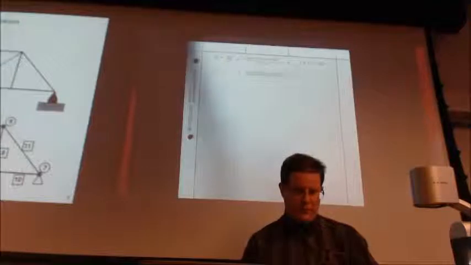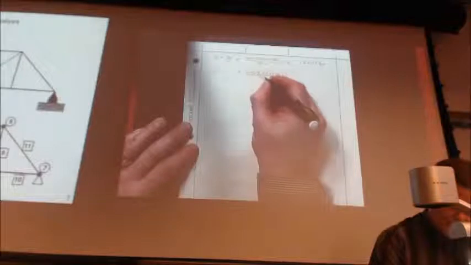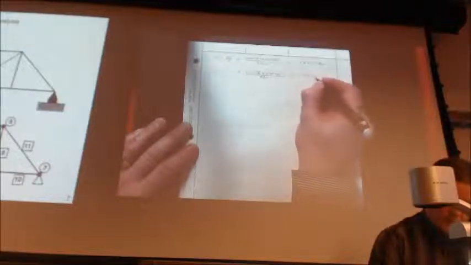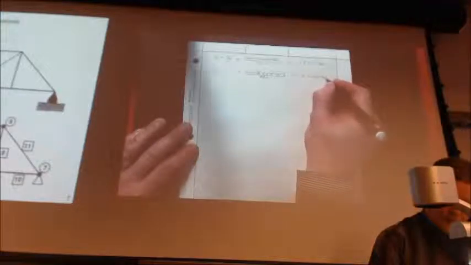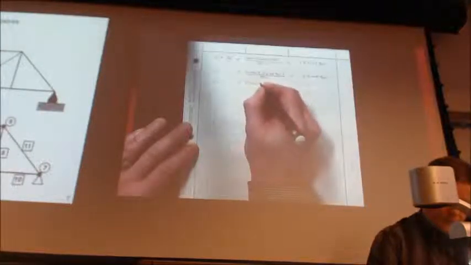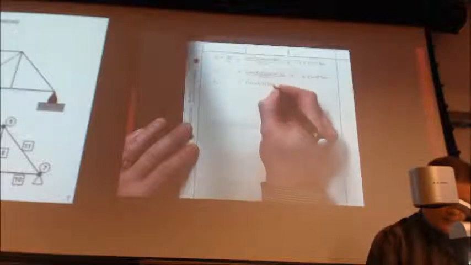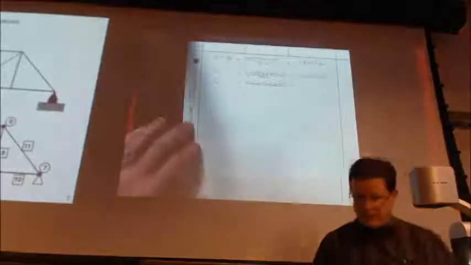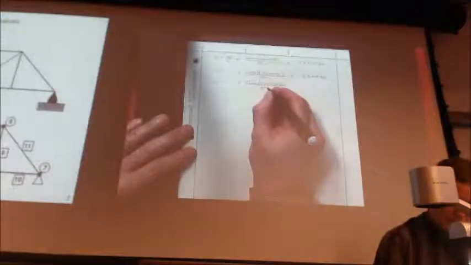And how long are we? 40 inches, right? So 2.5. Now this one is steel. What's my length?